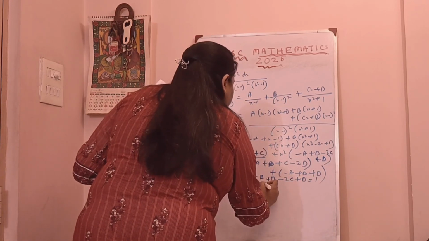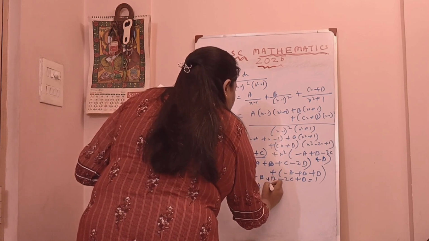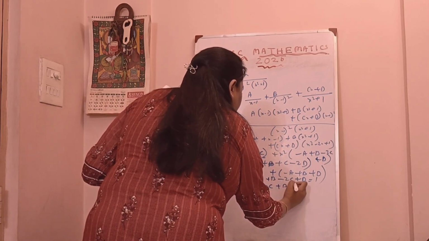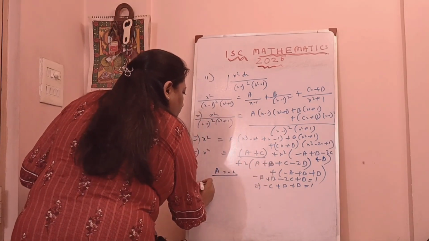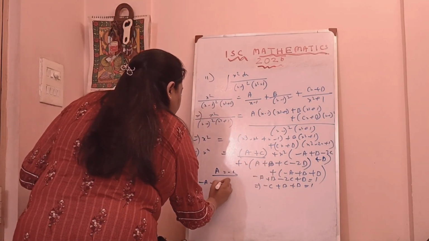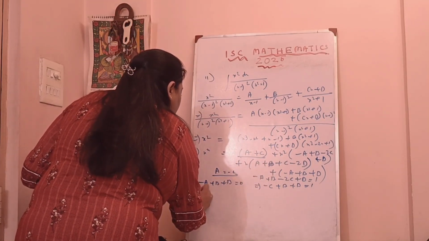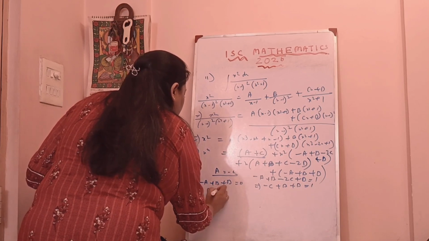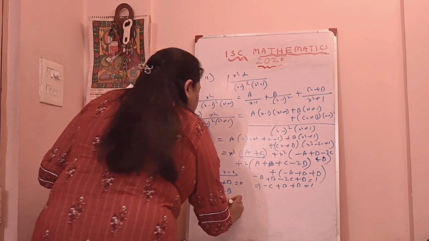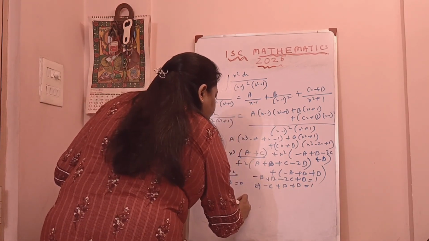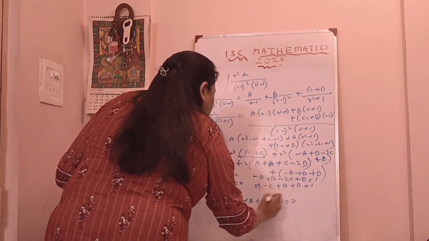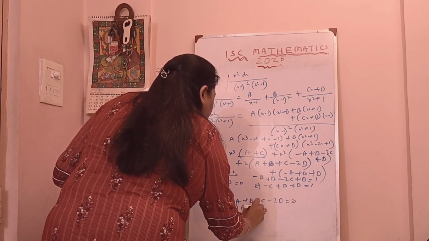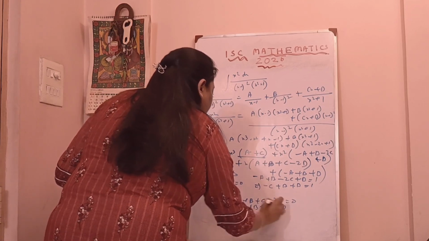So a equals minus c means minus c plus b plus d equals 1. And this part is 0. Constant: minus a plus b plus d equals 0. So d equals a minus b, and another part will be a plus b plus c minus 2d equals 0. So a plus b plus c equals 2d.